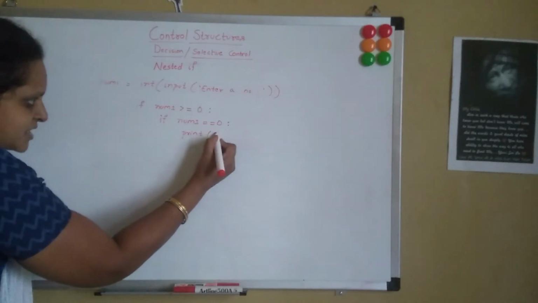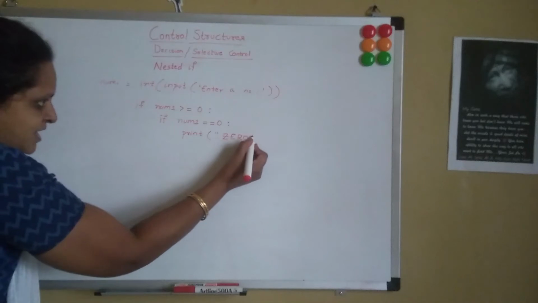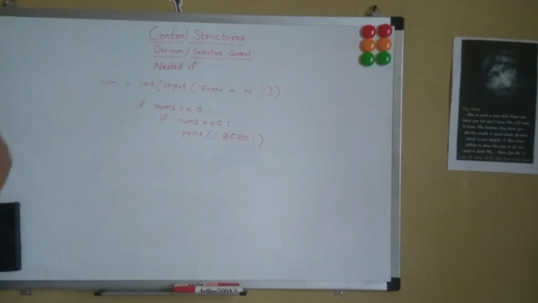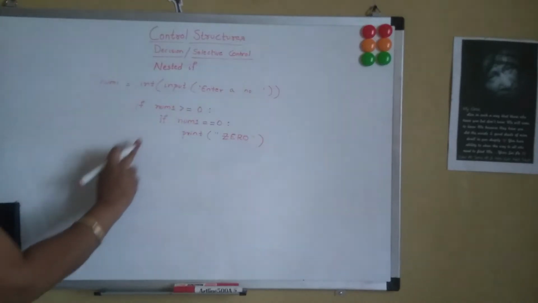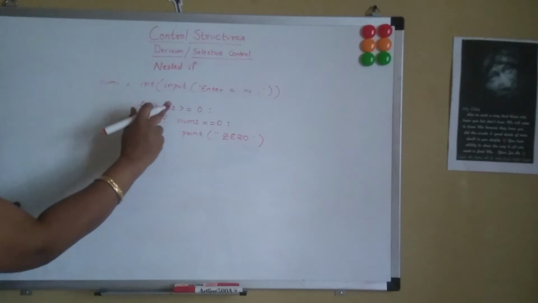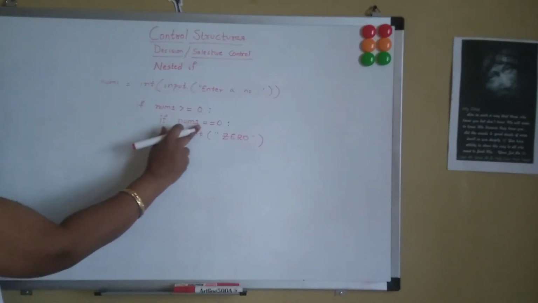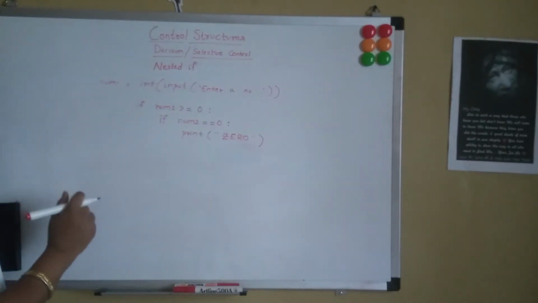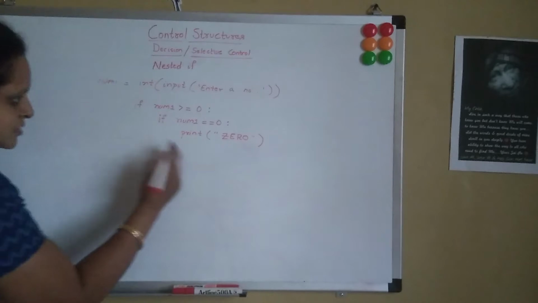Then I say print 0, meaning the number entered by the user is 0. If num1 is greater than or equal to 0, it enters the second if. In the second if, it checks if num1 equal to 0. If the number entered by the user is 0, then it prints 0.